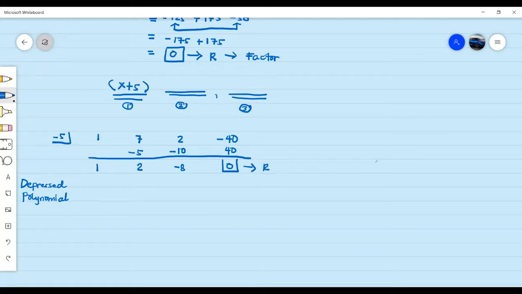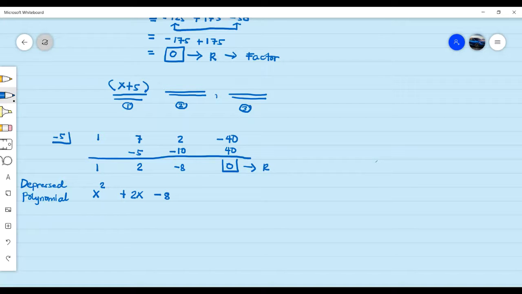Since the exponent of the given polynomial is cube, the exponent in the depressed polynomial, in our answer here, will now be 1 less than the exponent of the given. So since it is cube, it will now be squared: x squared plus 2x minus 8.